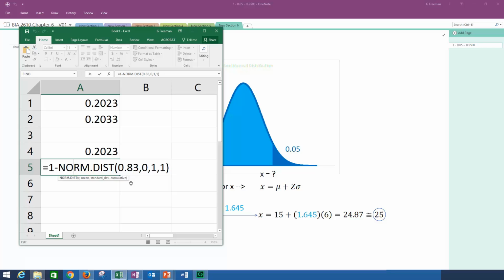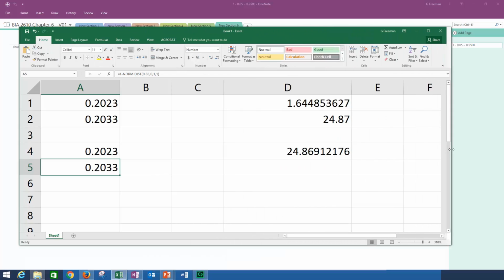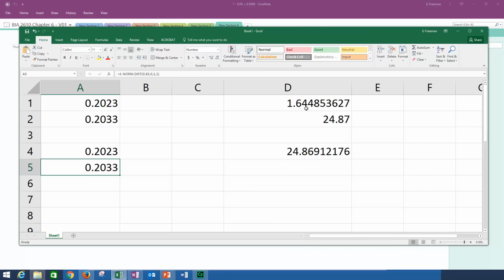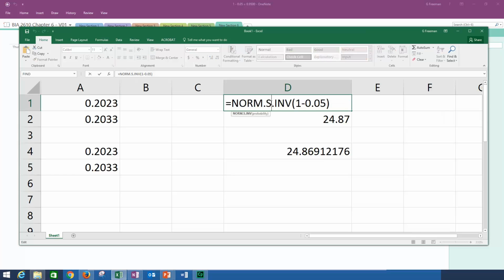Now for the other problem that corresponded to the 5%, there's also an inverse function. This is the Z value that Excel has found for us, using the standard form. So I took 1 minus 0.05.